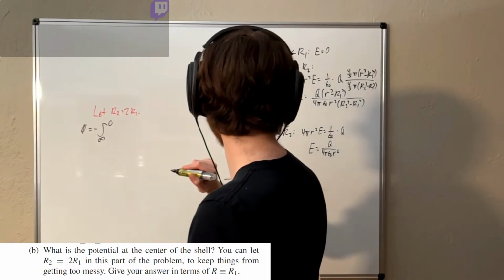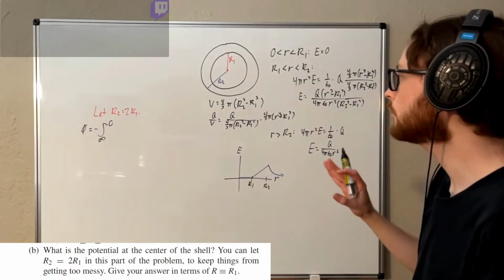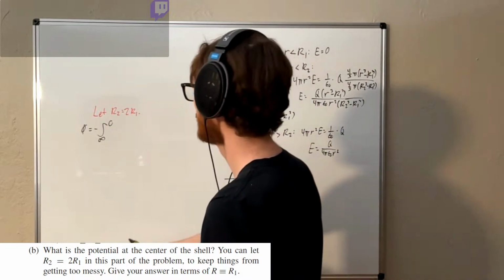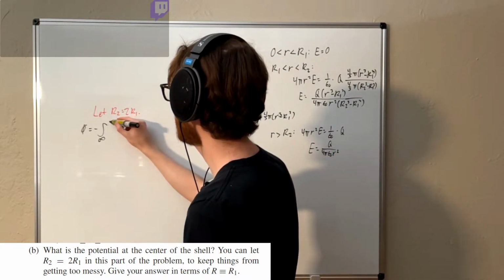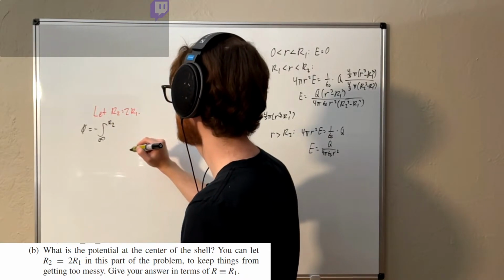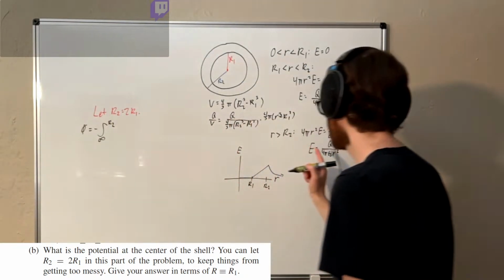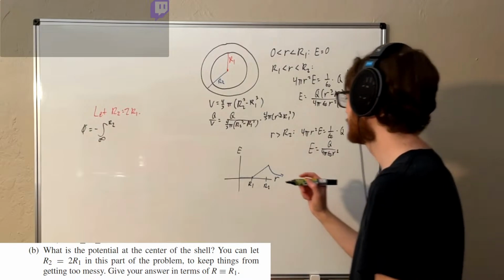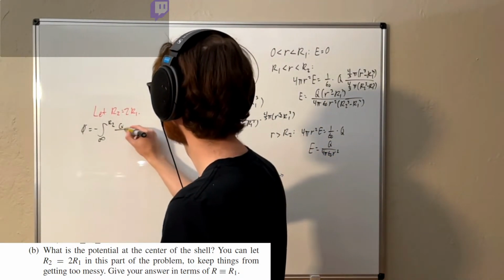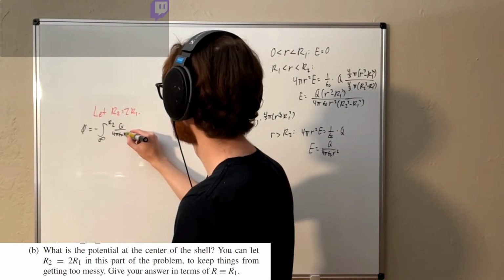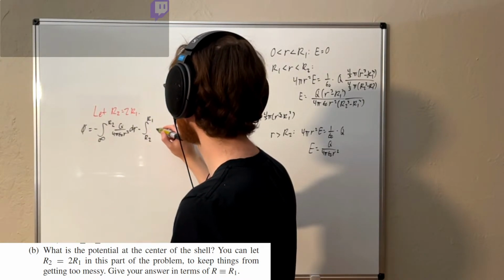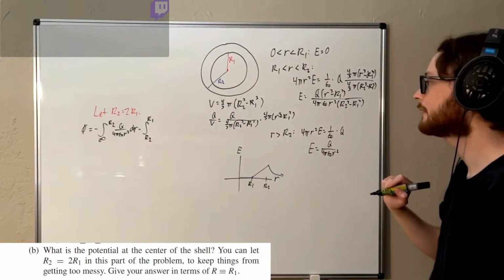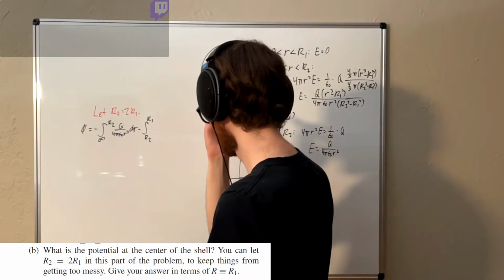Infinity to 0. We got to split this up into 2. Infinity to R2 of the field outside of R2, dr, minus from R2 to R1 of the field for that part, which we're going to need our approximation.